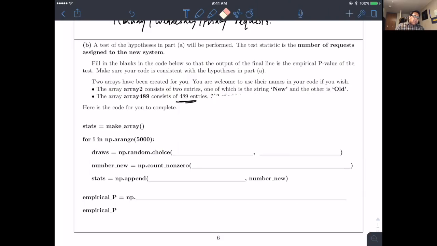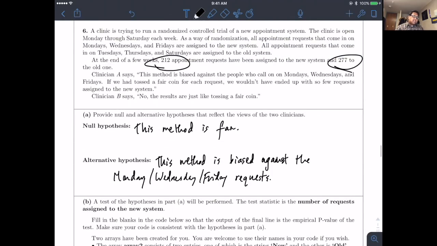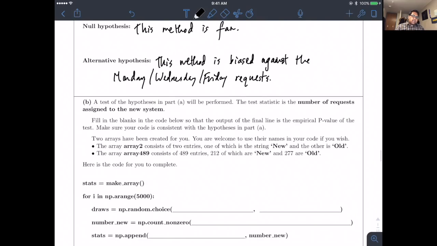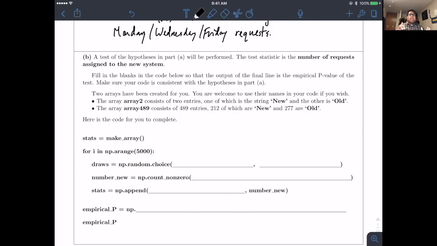But that's not the array we actually want to use in this case, right? Because that's already assuming the results to be true. Our null hypothesis is that the method is fair because Monday, Wednesday, and Friday, and Tuesday, Thursday, and Saturday have equal likelihood of being chosen. So we don't want to use this array 489.